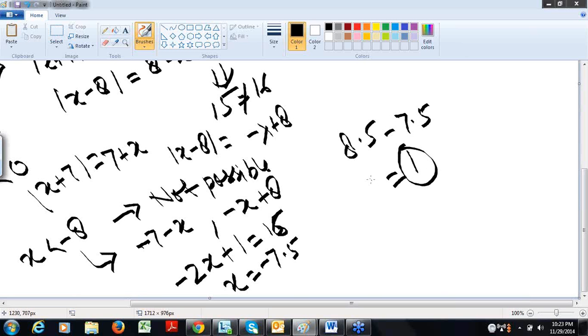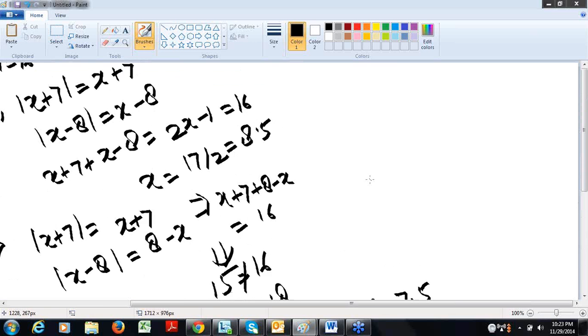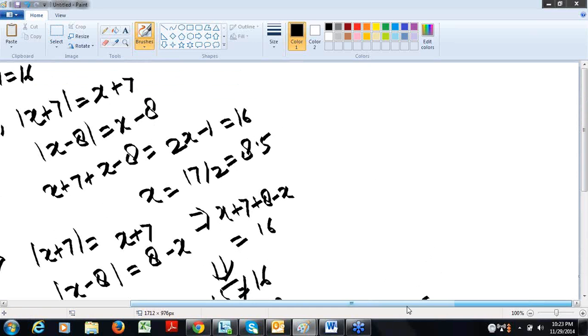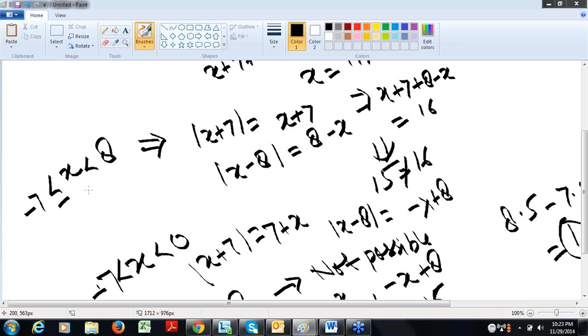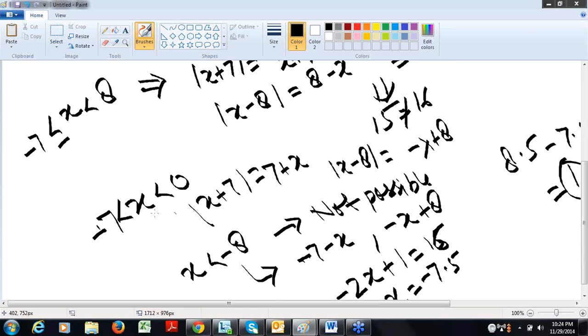Got it, everybody? Just break it into all the possible conditions, find the value of x in each of them, and add them. I've broken it into x greater than or equal to 8. In that case x comes out to be 8.5. Then x between minus 7 and 8 is not possible. X greater than or equal to minus 7 and less than 0 again is not possible.